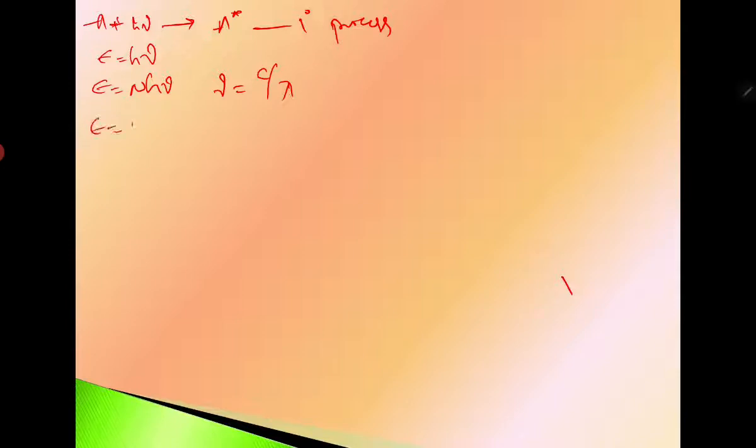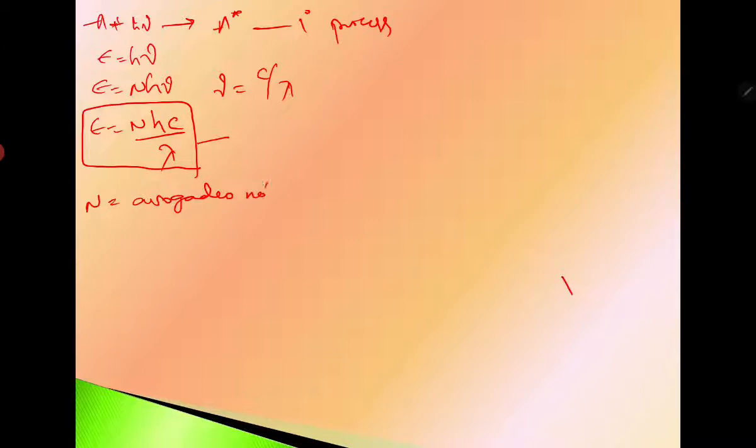Therefore, E = Nhc/λ, where N is the Avogadro number, which is equal to 6.023 × 10^23.